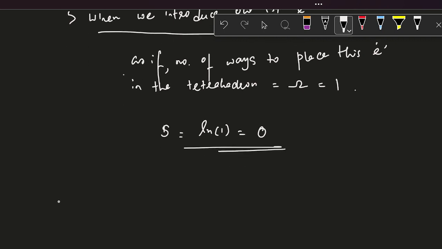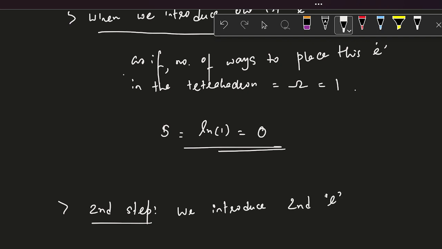Now for the second step, we introduce a second charge E to the system when there is already a first charge E sitting at one point. Okay, so now after this point the physics becomes different. Now you already have a structure starting to form, with a charge present.